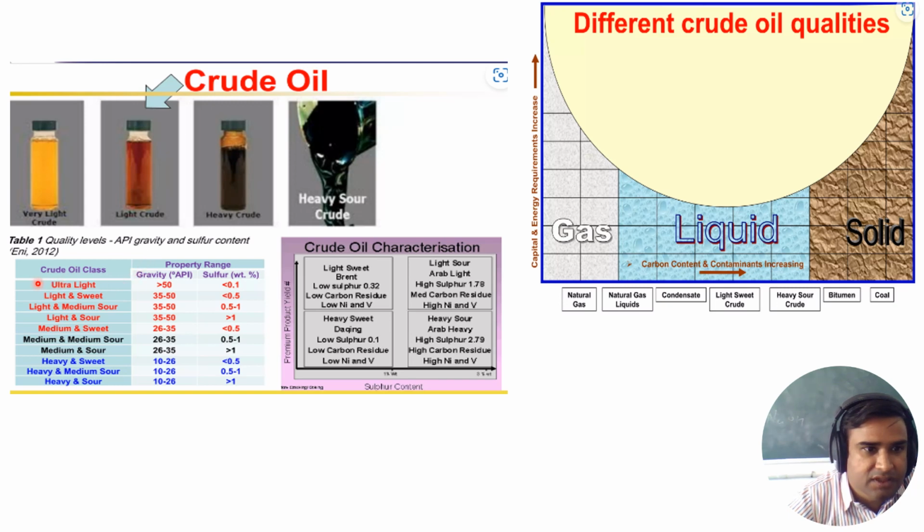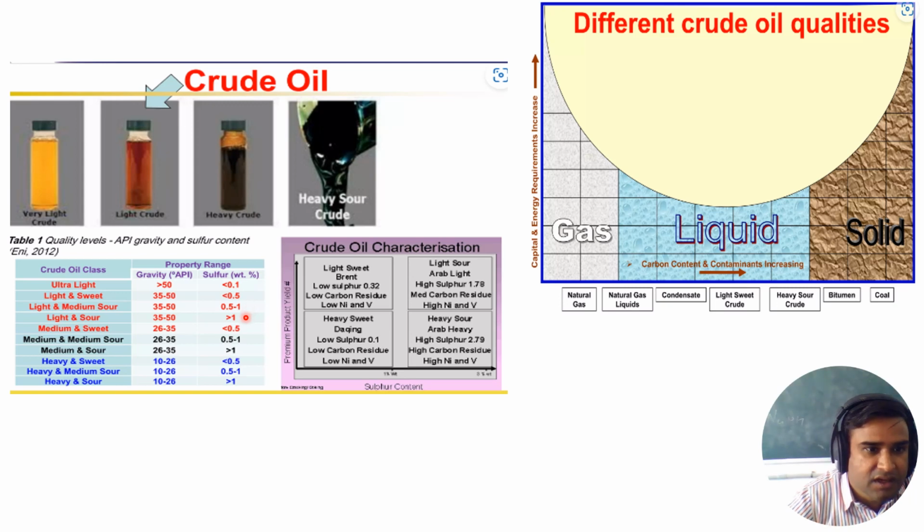For the crude oil classes, we have ultra light, that is API gravity greater than 50. We have light sweet, that is 35 to 50, and then light medium sour crude, 35 to 50, that has sulfur content 0.5 to 1.